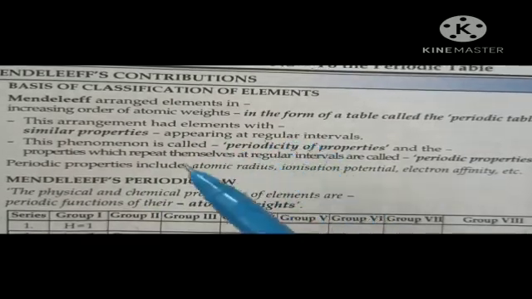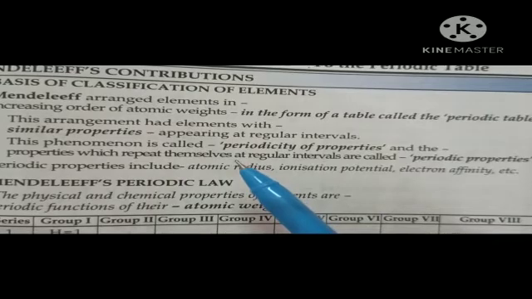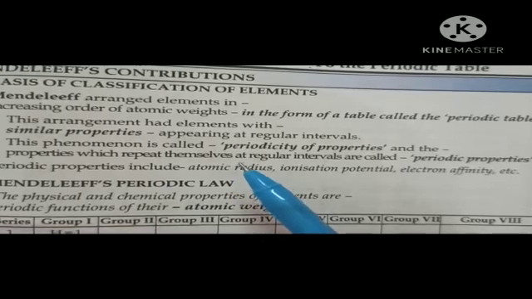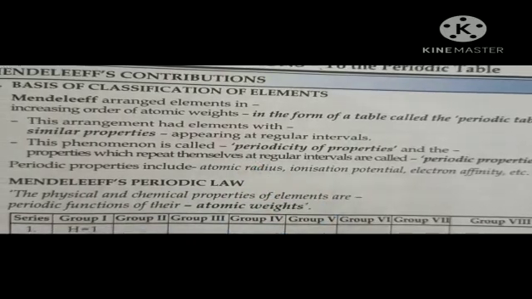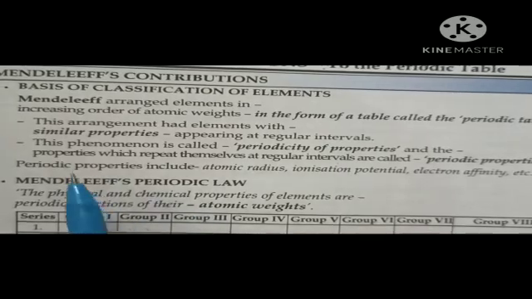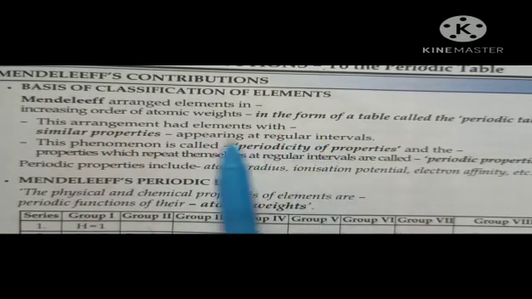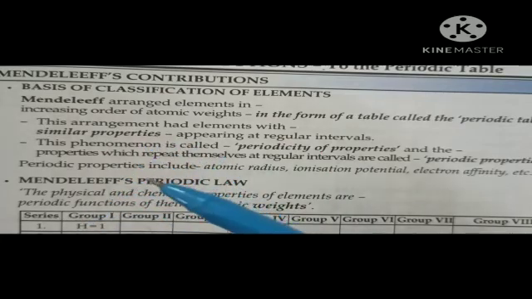Just like Newlands, he arranged the elements in groups of 8, and the 8th element comes below the first one. The first and the 8th element properties are similar. In the same way, the elements which come below the first one have properties similar to the first one.